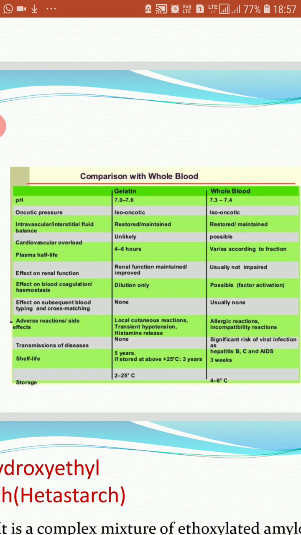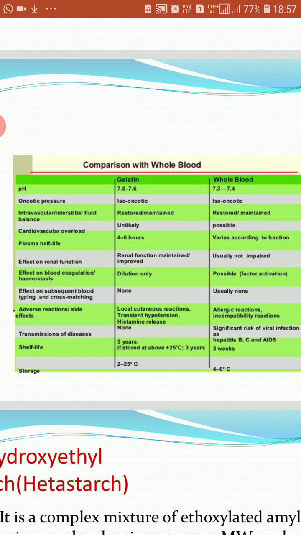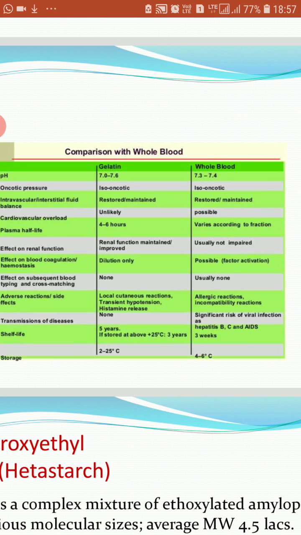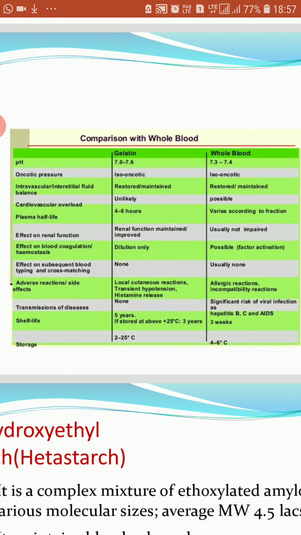Renal vasculature, renal function is maintained or improved, usually not impaired. Same effect on blood coagulation, dilution, possible factor activation. Whole blood can cause hypercoagulability, whereas gelatin dilutes the blood, and because of dilution of the natural anticoagulants it can cause hypercoagulability also, or dilution of coagulation factors, so it can interfere with coagulation also.